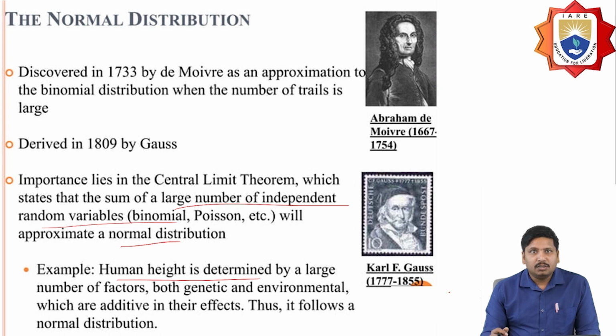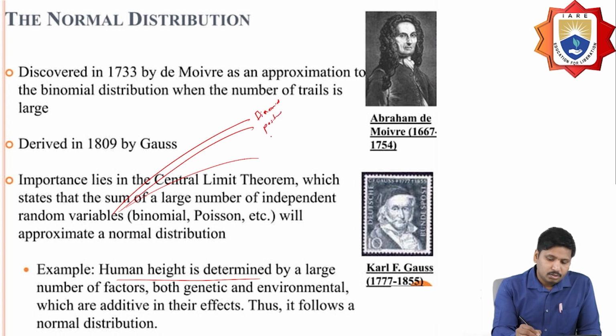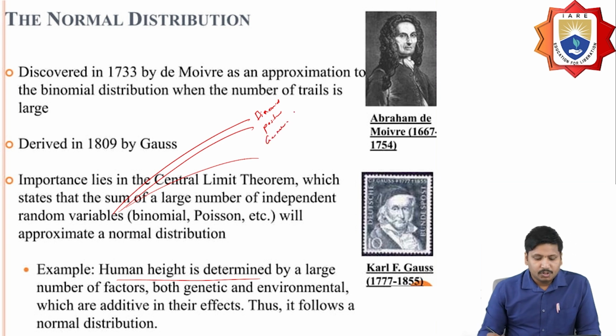Here the concept rests on the central limit theorem, which states that the sum of a large number of independent random variables will approximate a normal distribution. Normally these random variables are of different types like binomial, Poisson, geometric, and so on.